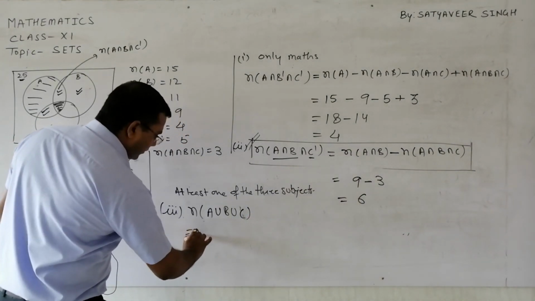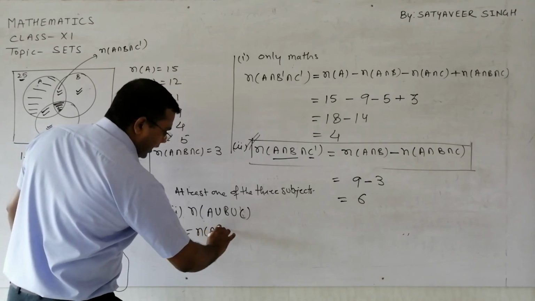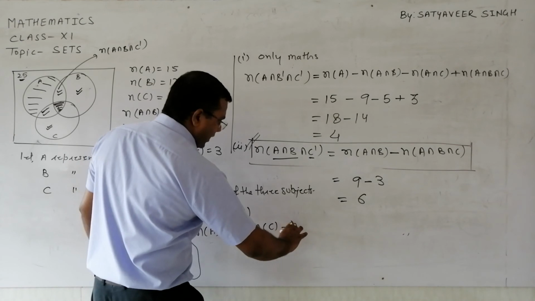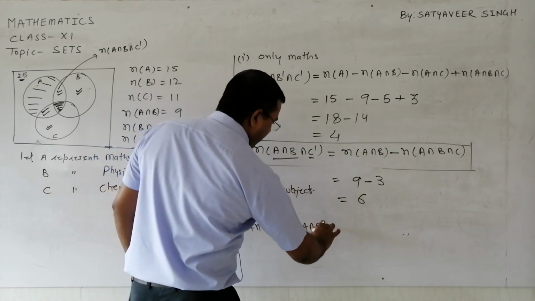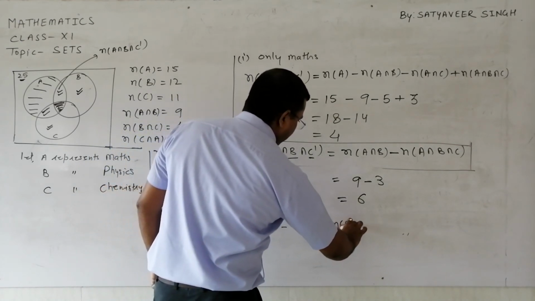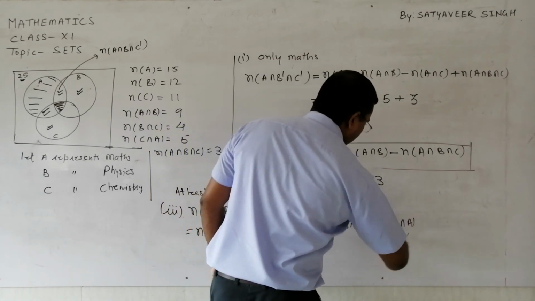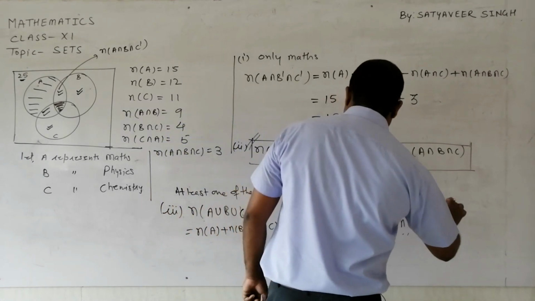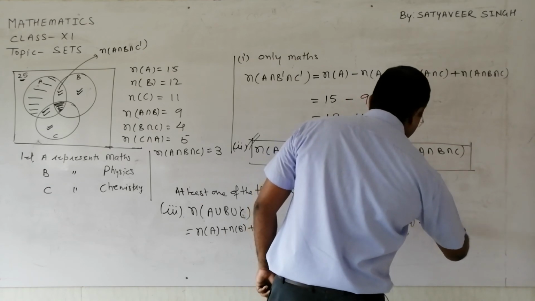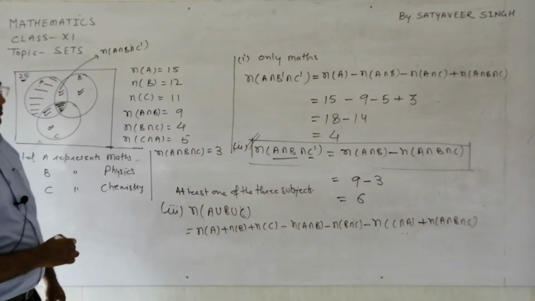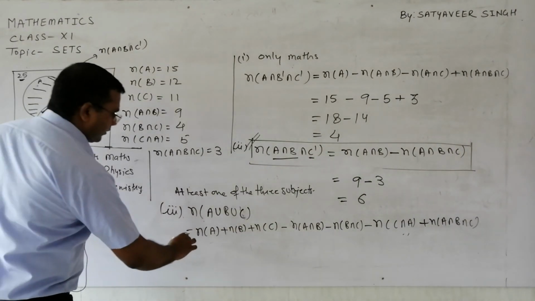It is equal to n(A) plus n(B) plus n(C) minus n(A intersection B) minus n(B intersection C) minus n(C intersection A) and plus n(A intersection B intersection C). So if you put in these values, you can easily calculate.